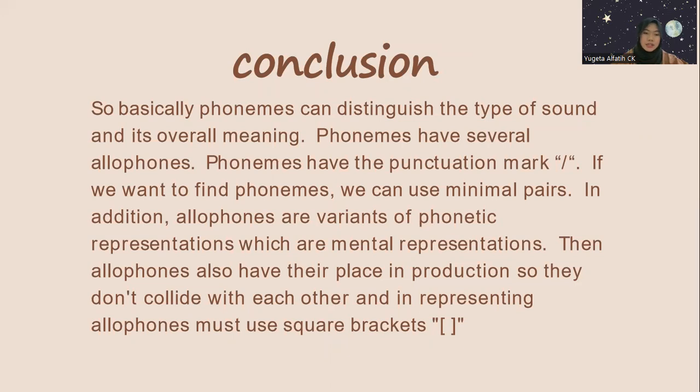In addition, allophones are variants of phonetic representation, while phonemes are mental representations. Allophones also have their place in production so they don't collide with each other, and in representing allophones, square brackets must be used.